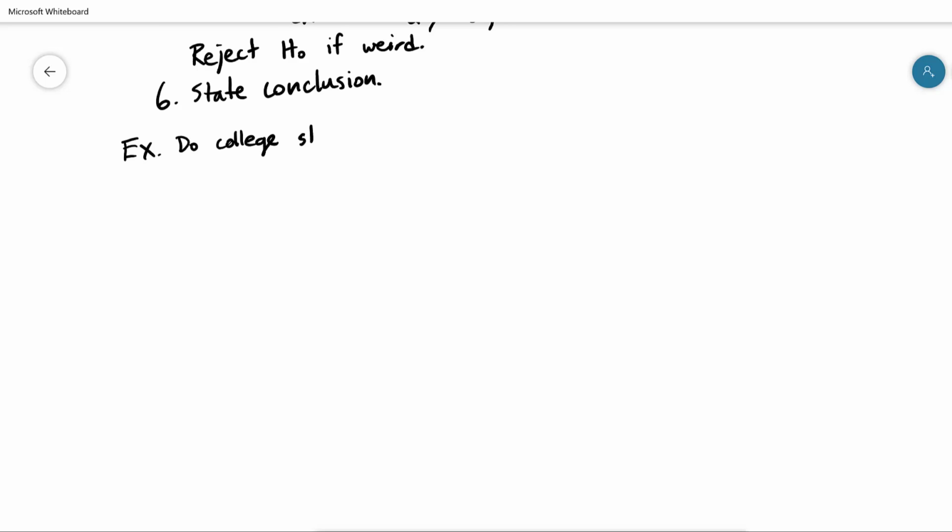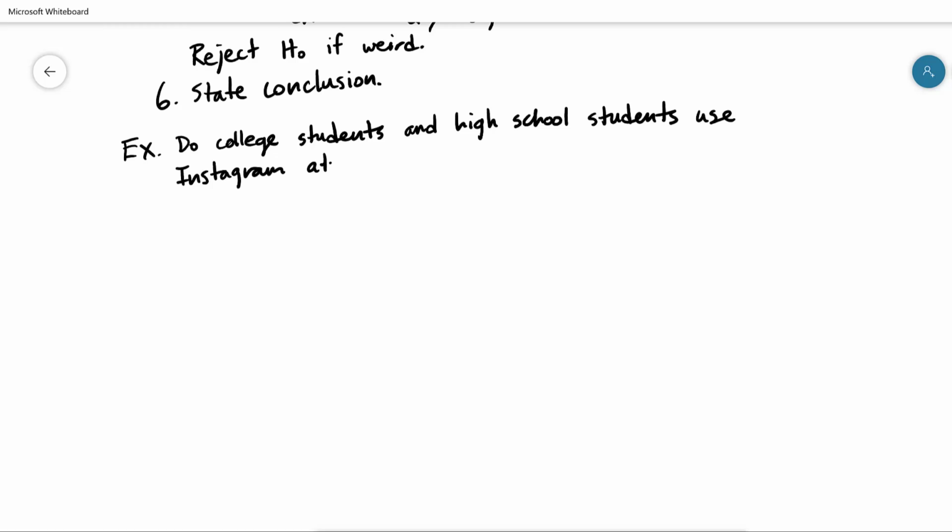Do college students and high school students use Instagram at different rates? Meaning, does the proportion of college students that use Instagram differ from the proportion of high school students that use Instagram?